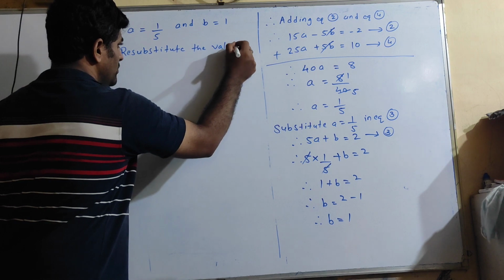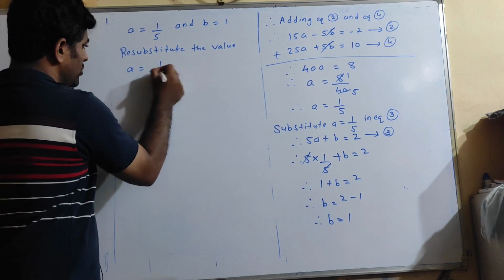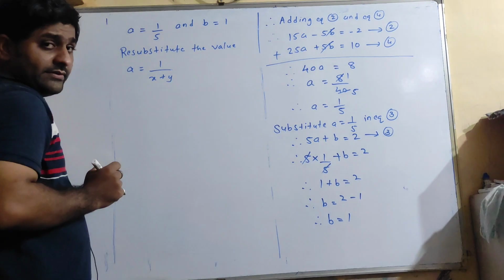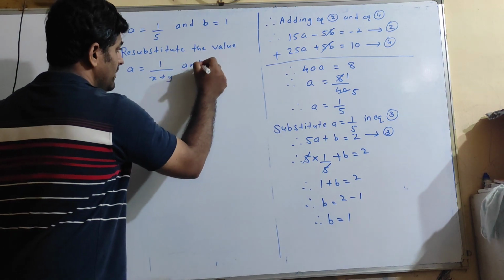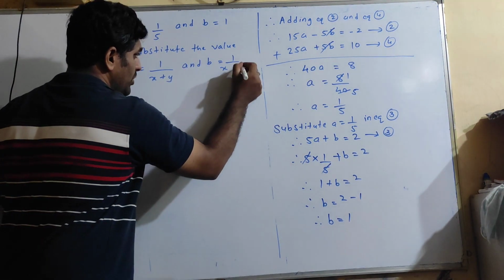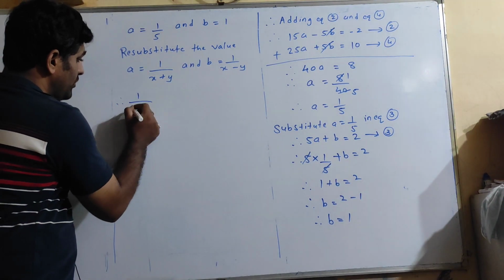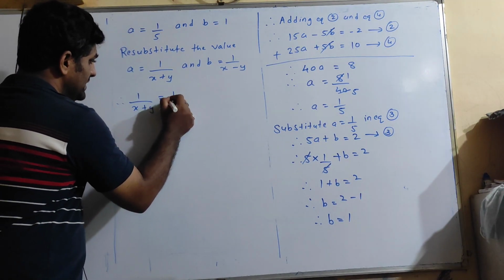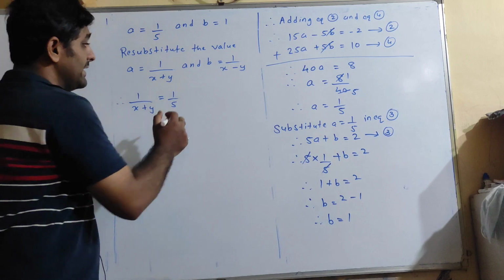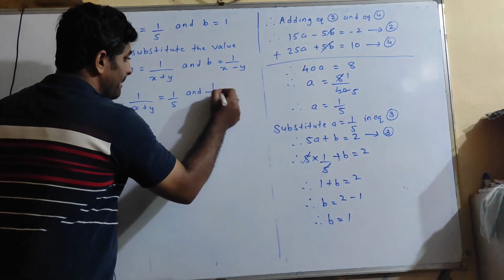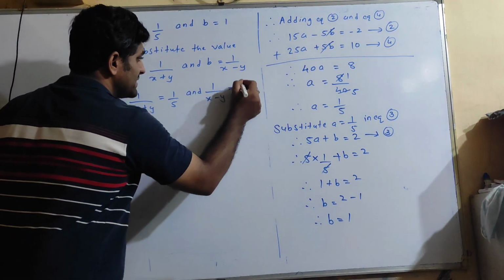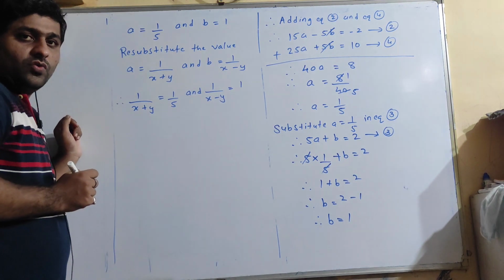A is equal to 1 upon x plus y and b is equal to 1 upon x minus y. So what do we get, students, over here? 1 upon x plus y is equal to 1 upon 5 and 1 upon x minus y equals 1.